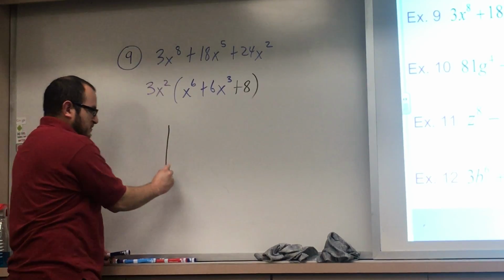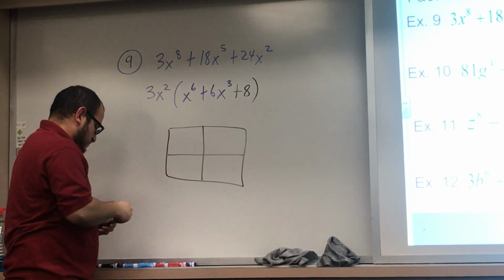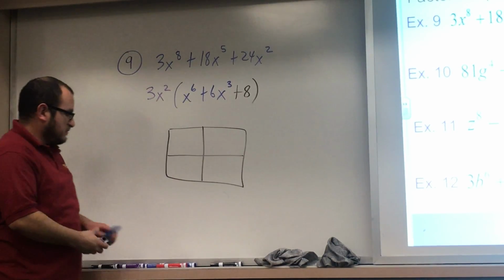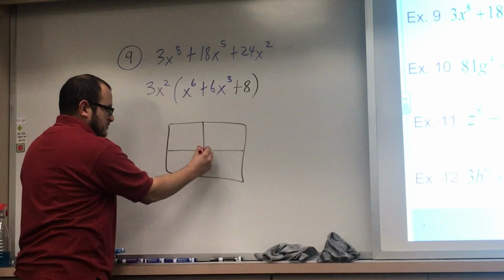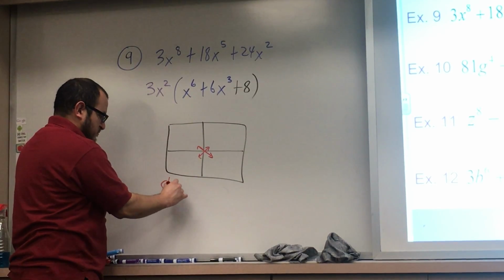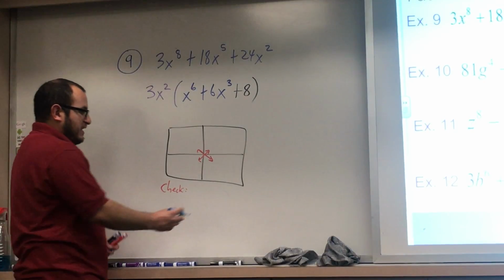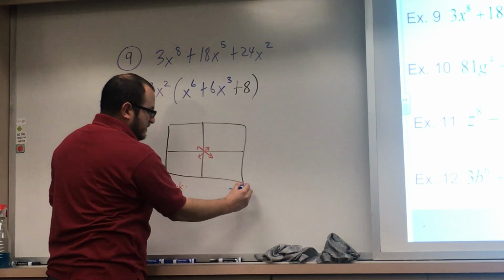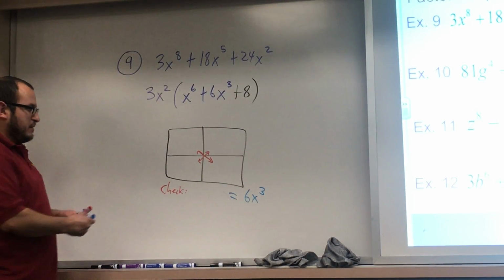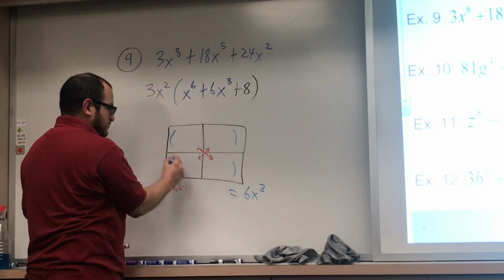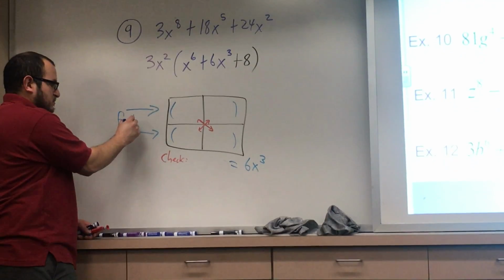Okay. All right, so what do we want to check? We want to check that we have to get 6x cubed. Okay. Remember, our answers go this way. These are your factors.